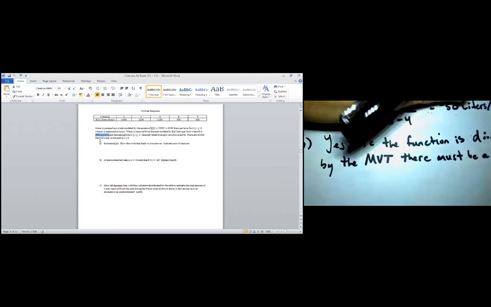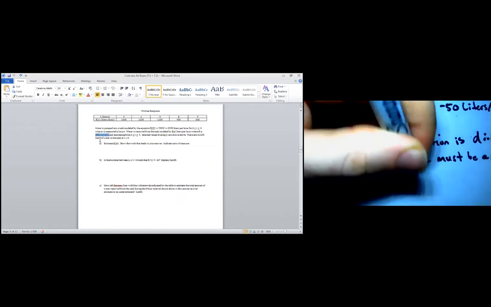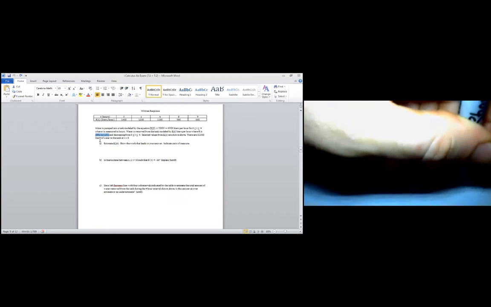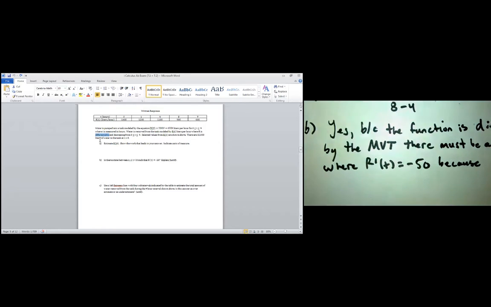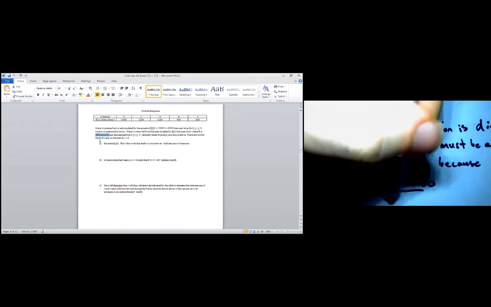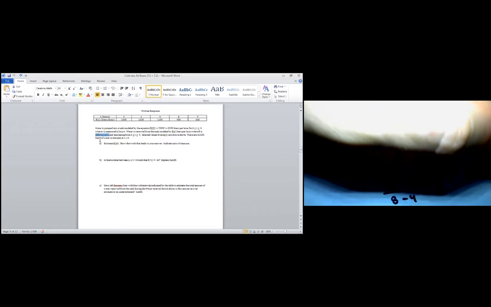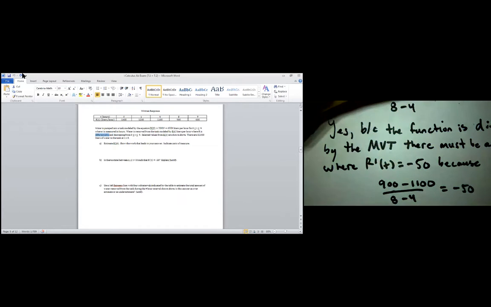There must be a time where r prime of t is equal to negative 50 because, and then we just show the slope calculation after that, because 900 minus 1100 over 8 minus 4 is equal to negative 50. Let me turn this off so you can read all of that.